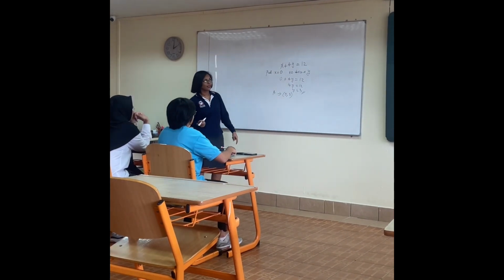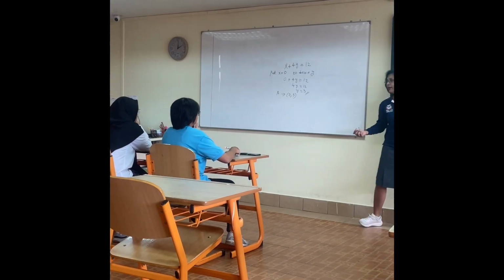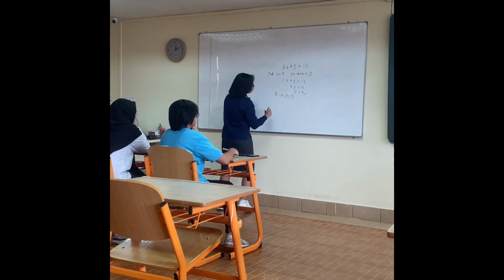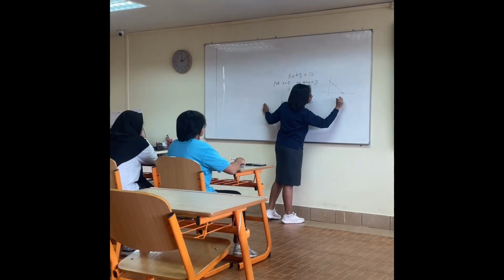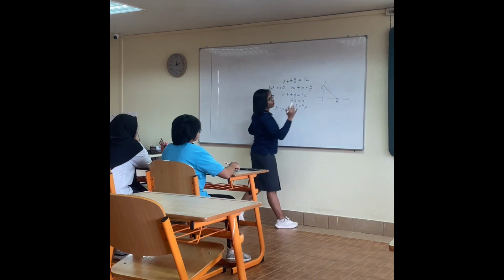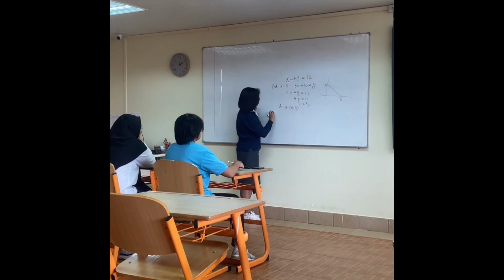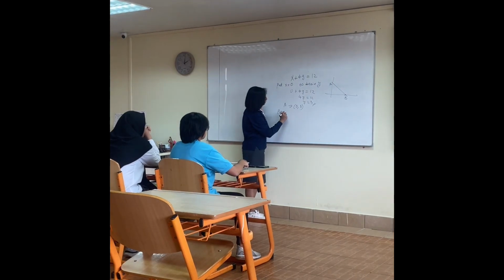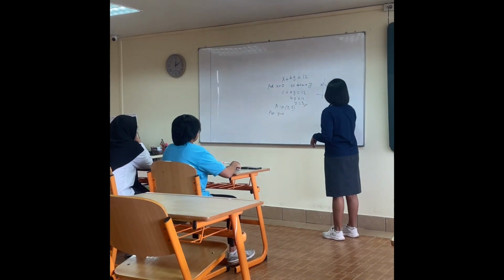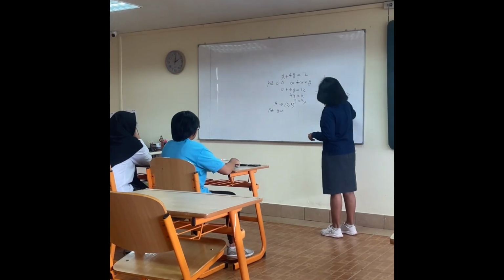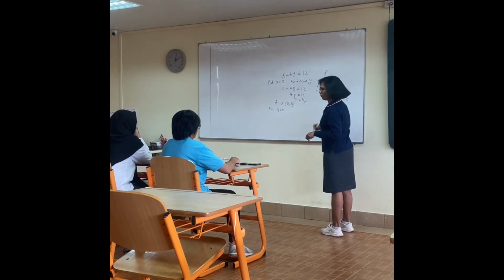How about B? The point B is on the x-axis. So substitute what? Put y equal to 0, because on the x-axis, y is always 0. On the y-axis, x is 0.